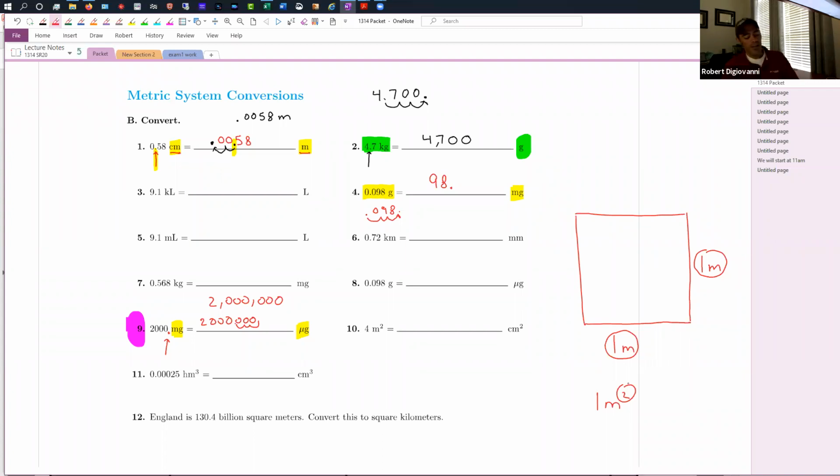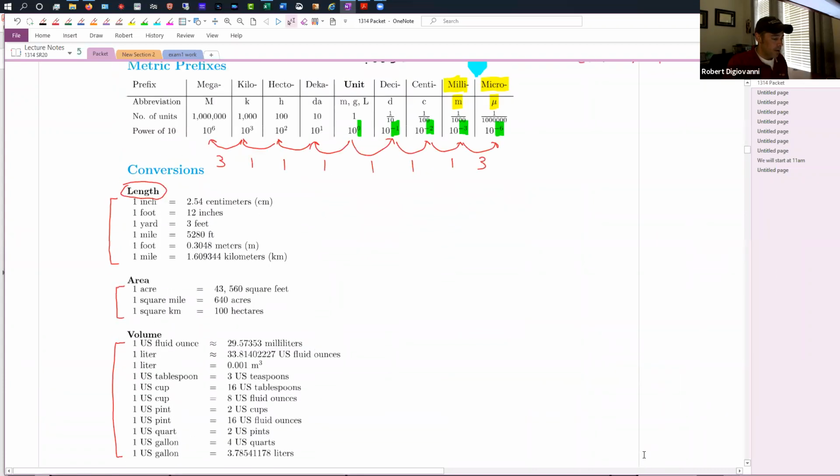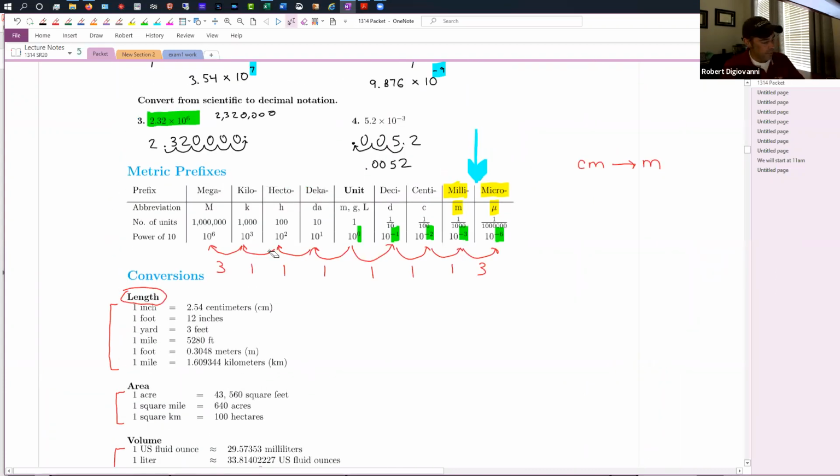The question is now, how many square centimeters is that? Okay, so let's go up to our table and take a look for a second. Our table tells us that to get from meters to centimeters, right?